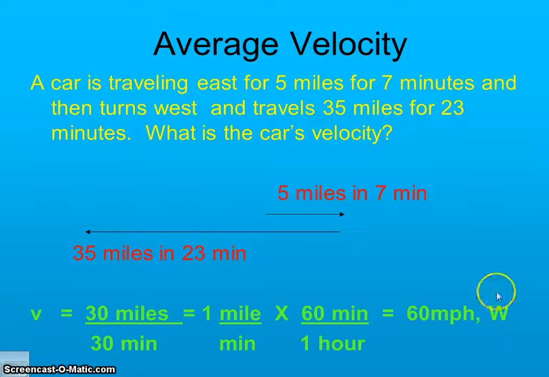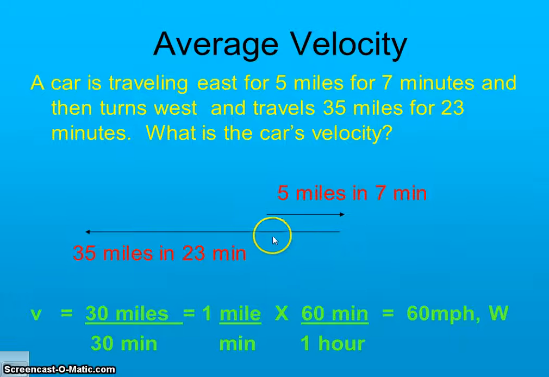Well, we said that they were traveling east in this direction, and then traveling west in this direction. There are two ways to look at it. Your magnitude is going to rule what's going on here. So you can say the larger magnitude here is 35 miles and it's west, so it's going to be west.